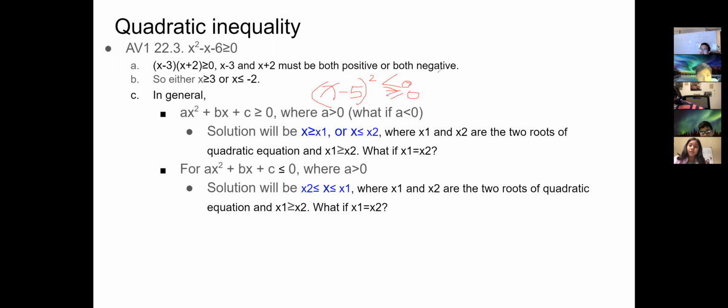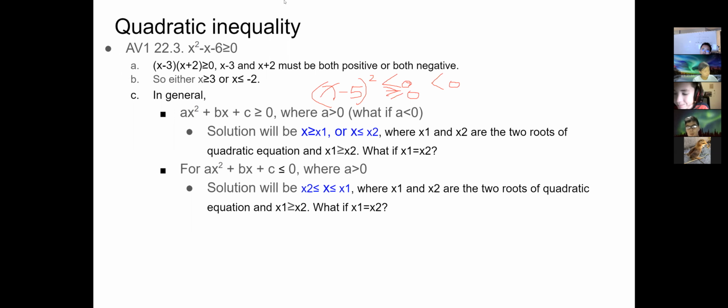So only when x equals 5 can it satisfy the equal to 0. If it's less than 0, there won't be any solution, right? So this is what we have in here. I'm just giving you the extreme case so that after knowing this, there's nothing you'll be afraid of when you see any quadratic inequality, and you know what to do.